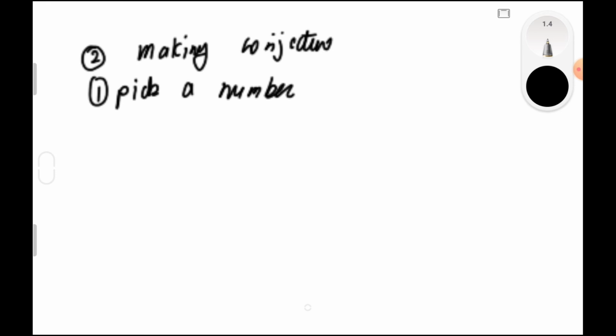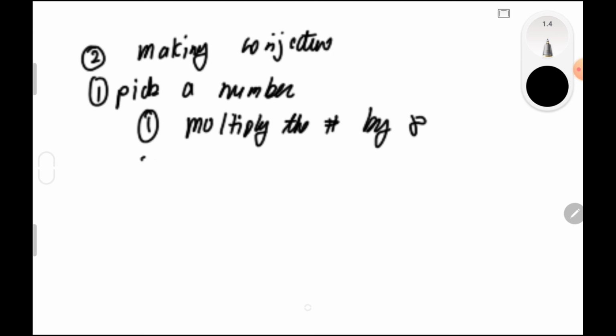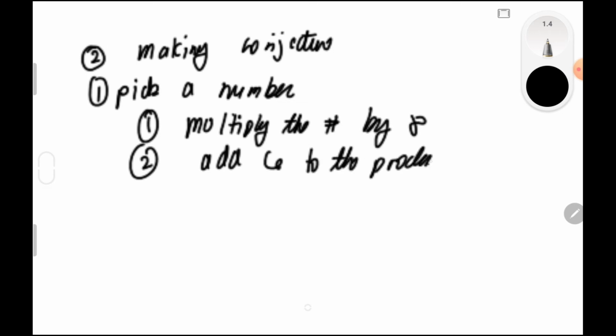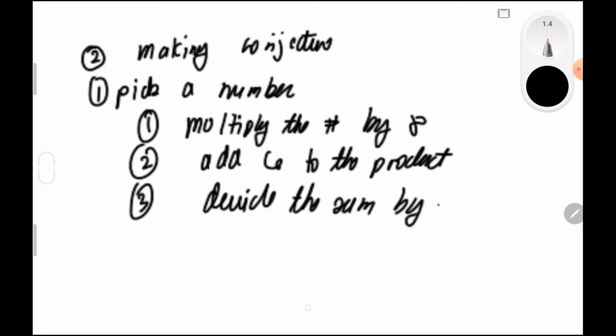Any number to, multiply the number by 8. So, first procedure, multiply the number by 8. Then, second procedure, add 6 to the product. And then, divide the sum by 2. Then, fourth is subtract 3. Okay.